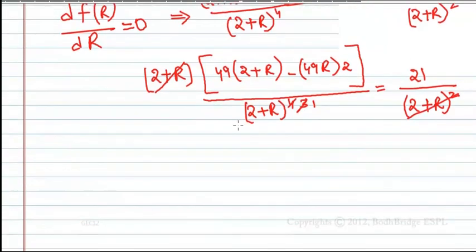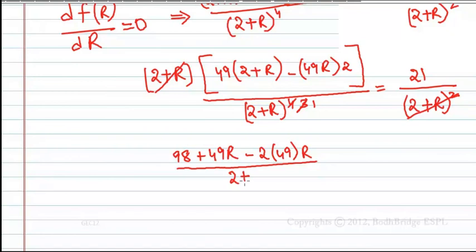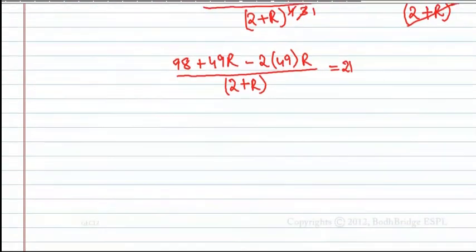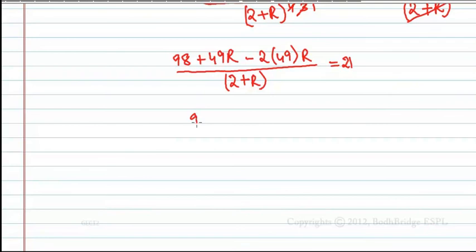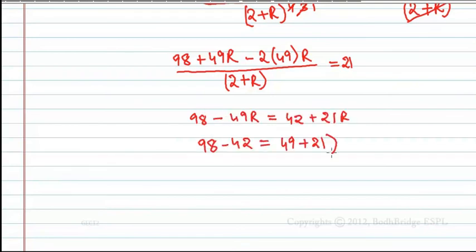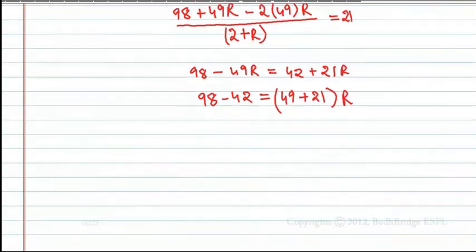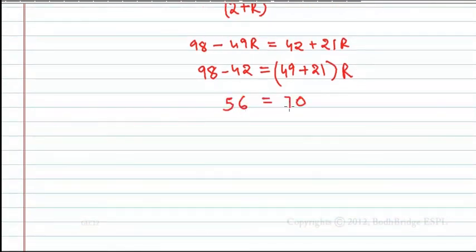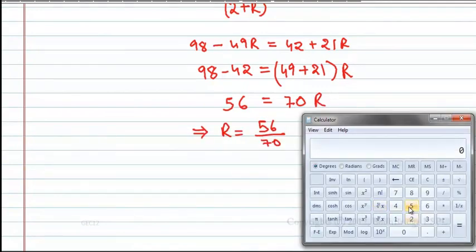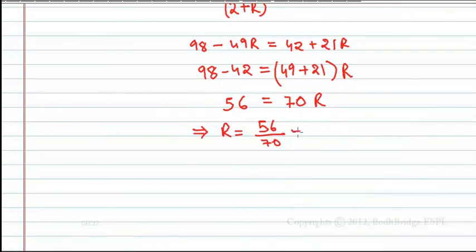You understood the simplification I am doing here. Now cancel 2 plus r, and simplifying, R is 56 by 70. How much are we getting? 0.8 ohm.